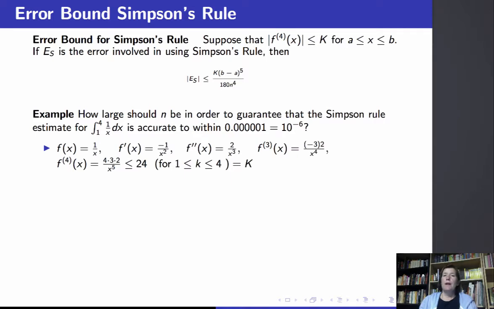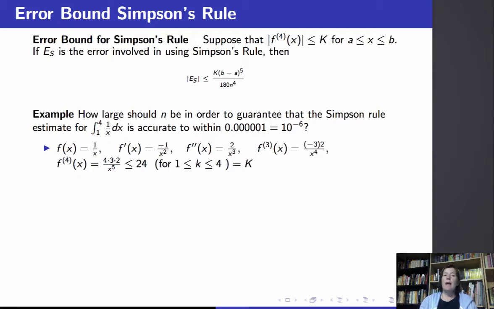Well, we start by finding an upper bound k for the fourth derivative of f of x on the interval from 1 to 4. Here, repeatedly differentiating, we find the fourth derivative of 1 over x is 24 over x to the 5. Now again, 24 over x to the 5 is decreasing on the interval from 1 to 4, so its highest value is going to occur at x equals 1.